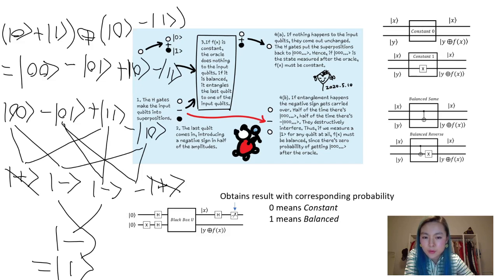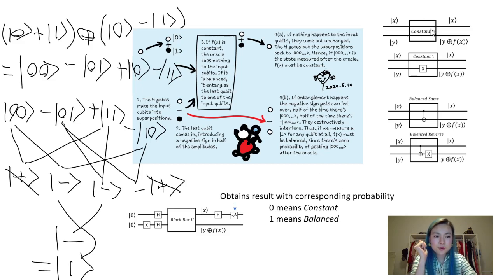The intuition I want people to establish here is to understand that when this negative sign gets introduced, if it interacts with one of the other qubits, and because of the H here and the CNOT here, you're essentially entangling the two qubits inside this oracle, then your output would cancel. You will have half of the time that the zero's amplitude would be positive and half of the time negative. So you canceled, you destructively interfered them.